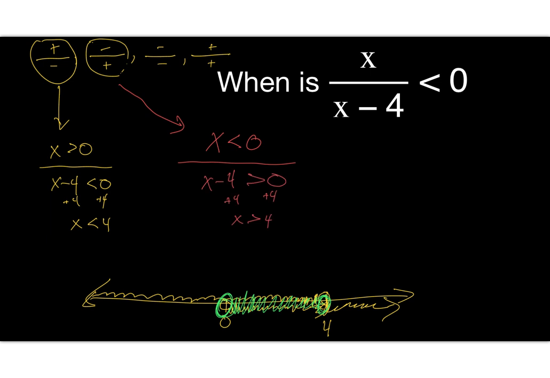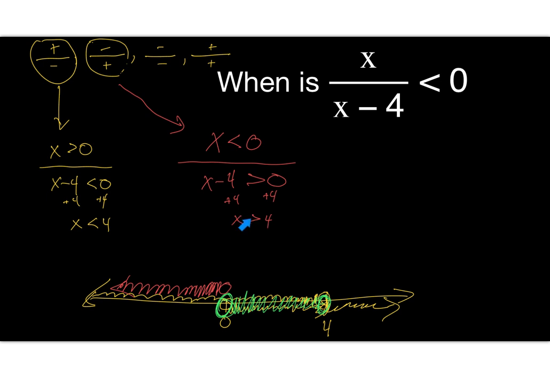Go to my graph. I go to 0. I'm going to have an open dot, and I'm shading left because x is less than. So open dot, shading left. Here, I'm going to go to 4, open dot because it's greater than.